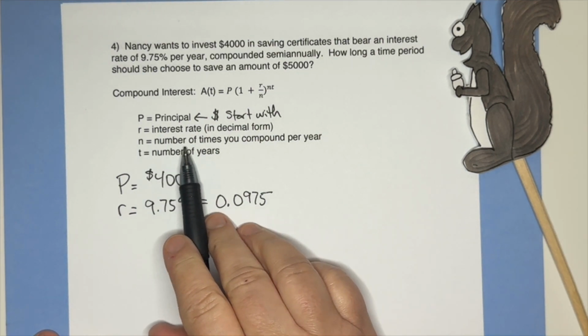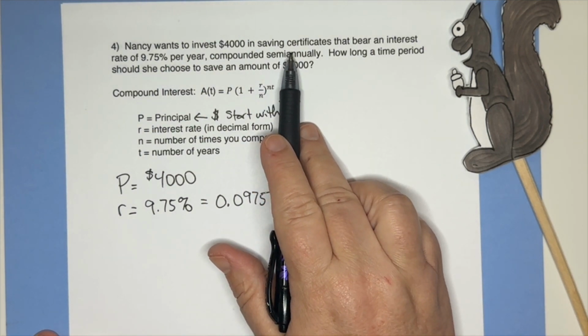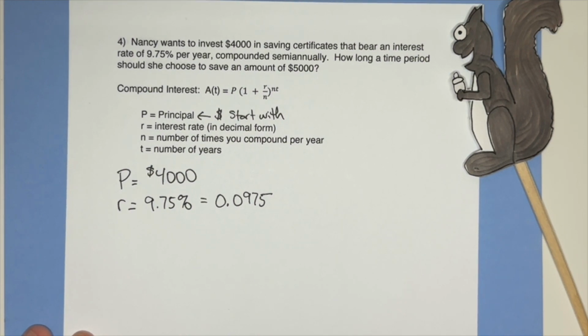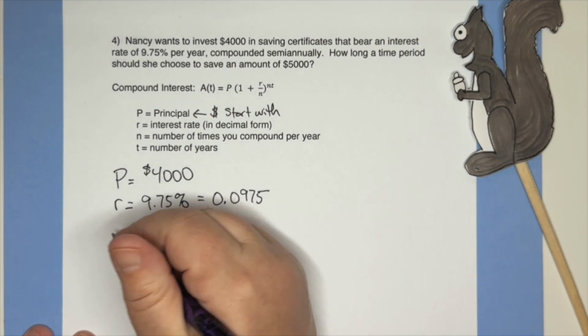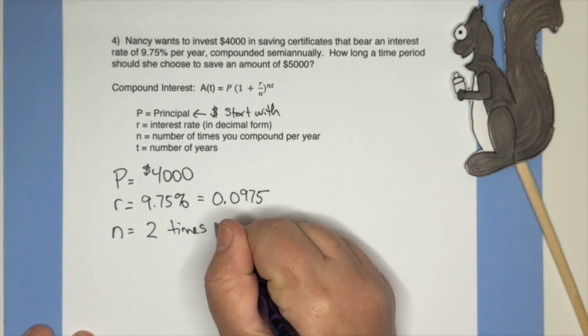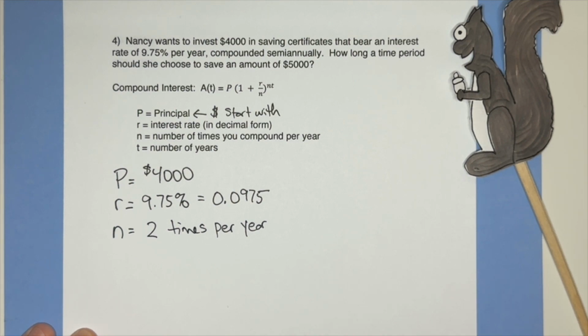N is the number of times you compound per year. Now, if it's semi-annual compounding, it means it happens every half a year or every 6 months. So in other words, it's going to be 2 times per year for the compounding. And in other investments, for example, if you have a bank account or a credit card, compounding happens monthly.